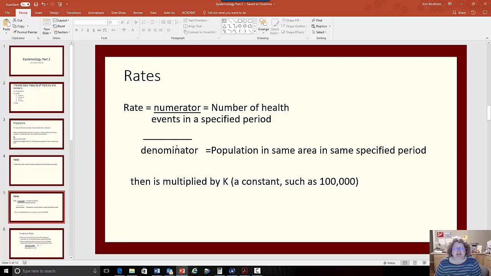So after we determine that, then we multiply it by K, which stands for constant, such as 100,000. In this way, when we are comparing rates from, let's say, the rate of flu in 2016 in Kerr County, we can compare it to Bandera County and Bexar County or Real County because we use the same constant, 100,000.